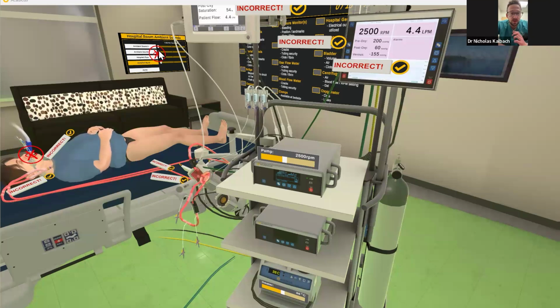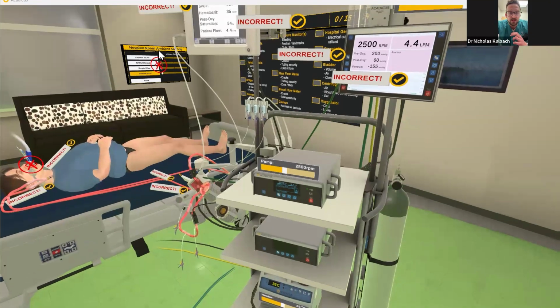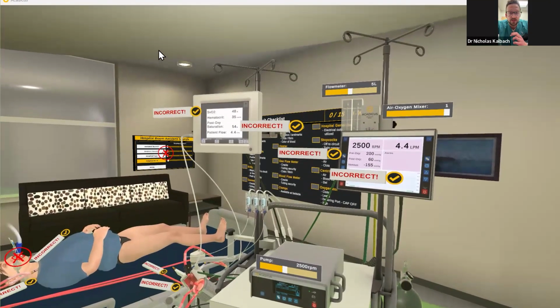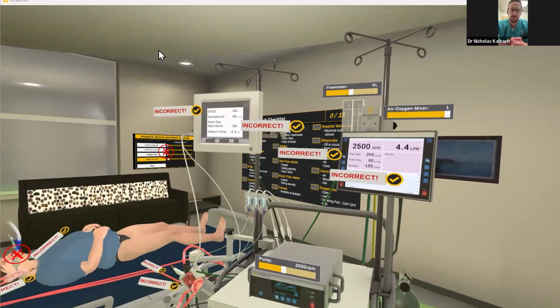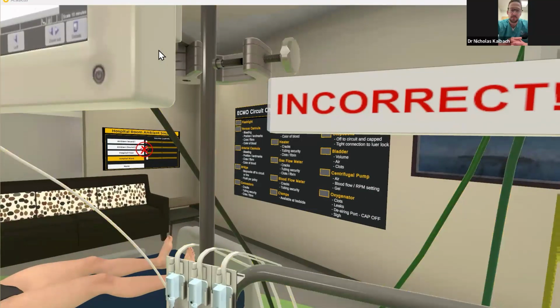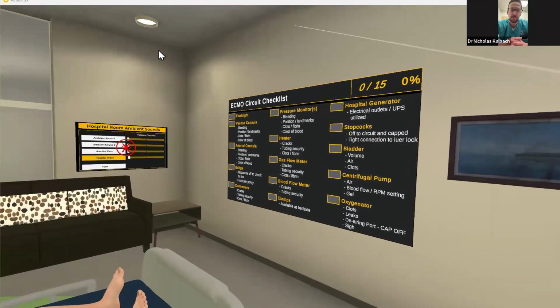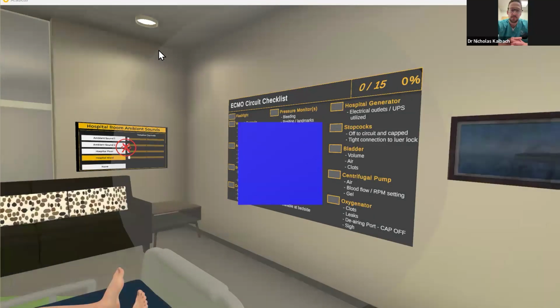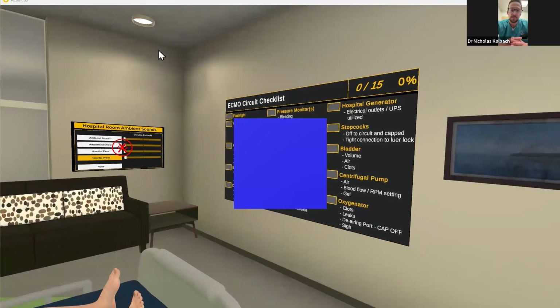And then lastly, kind of going towards the back of the room, you can see a little bit of our checklist. This is a checklist that all of our ECMO specialists or resource physicians will use on a daily basis. It's our physical exam of our circuit, where we actually go through and check the different components to make sure that they are all operational and connected, so that way we can more readily troubleshoot in the event that something does go awry.